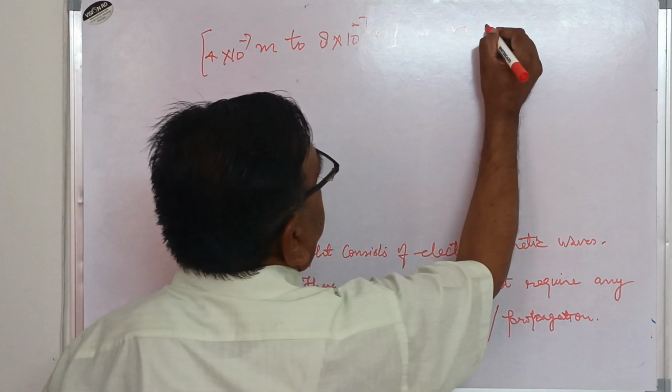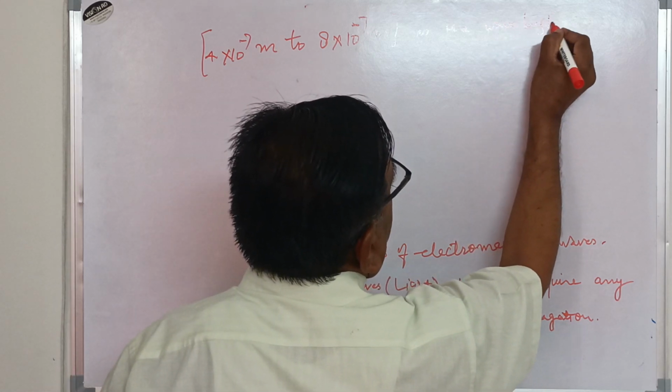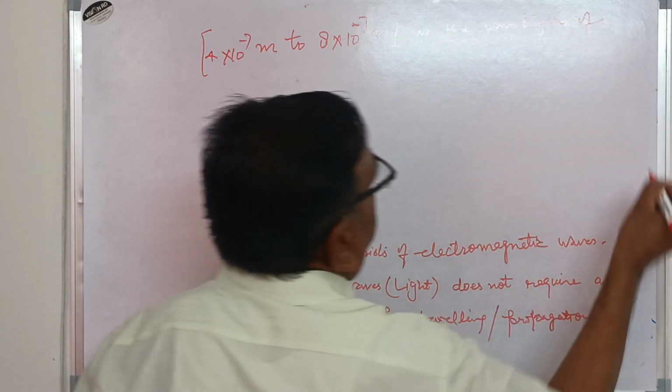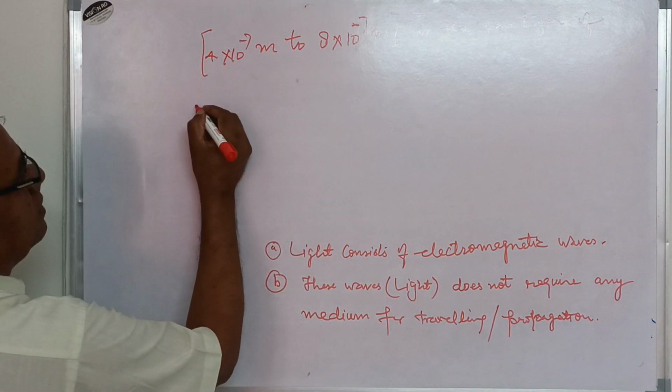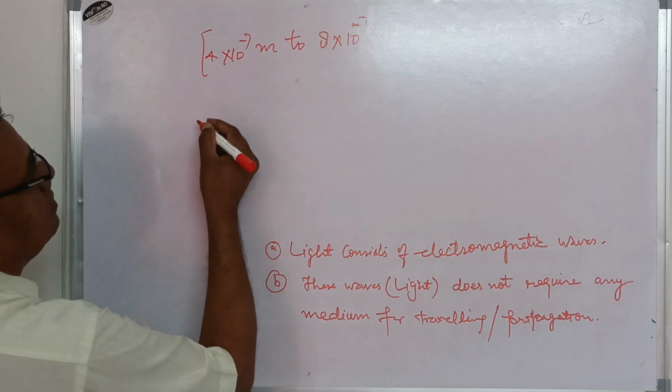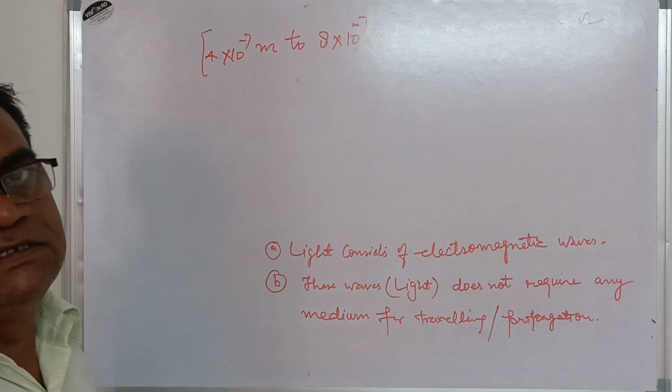Is the wavelength of light waves, electromagnetic waves, which are visible to our eyes, that our eyes can sense.